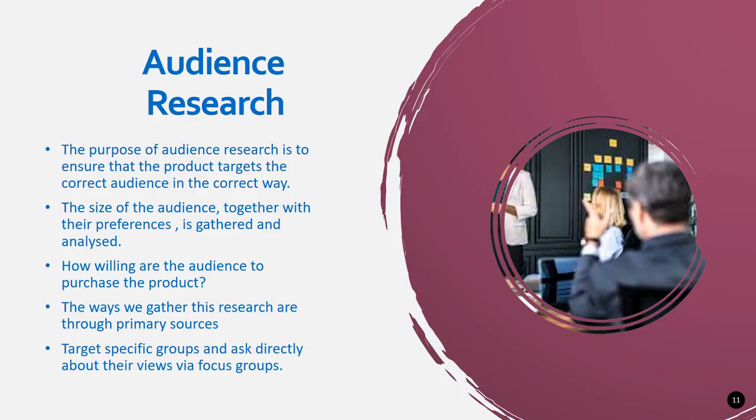So this would be like surveys, questionnaires, and focus groups. If you target your specific audience group and you create a focus group with your target audience in, you can ask them about their views directly and get some real quality feedback. This can have a huge influence over the production.